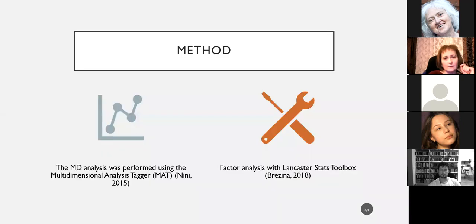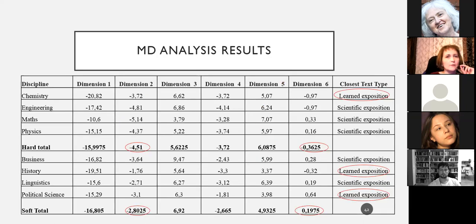So the method is as follows. First, the multidimensional analysis was performed using the multidimensional analysis tagger developed by Nini, and then factor analysis was performed with the help of the FactoMineR toolbox. This table demonstrates mean dimension scores for research articles in different disciplines obtained with Nini's multidimensional analysis tool.